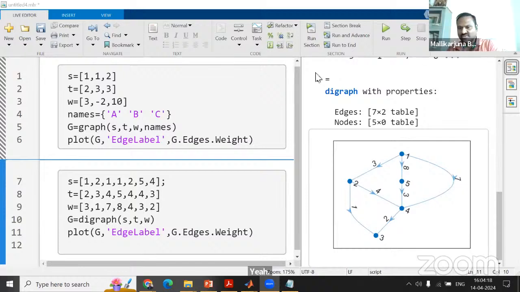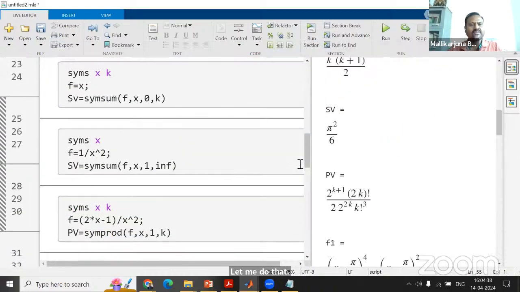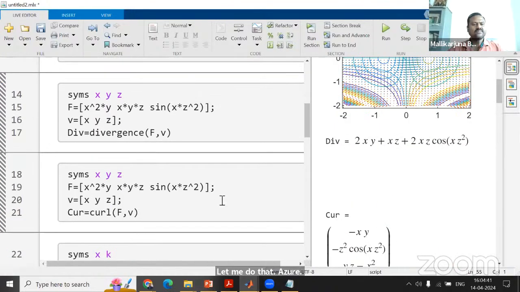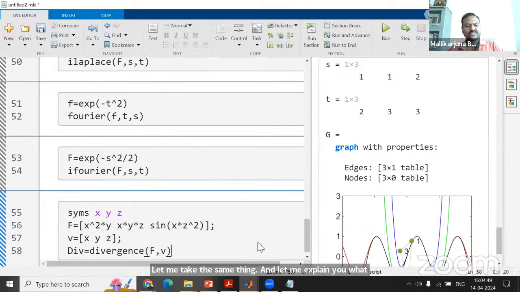How to solve Hessian matrix using MATLAB? How to find Hessian matrix? Let me take the same thing and let me explain what the Hessian is. This is the same XYZ. So in place of this, we will take Hessian.